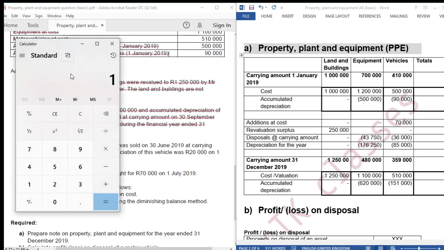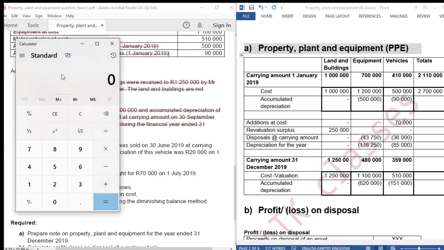We are simply going to do this. 1 million plus 700,000 plus 410,000 is equals to 2,110,000. Then here 1 million plus 1,200,000 plus 500,000 is equals to 2,700,000.